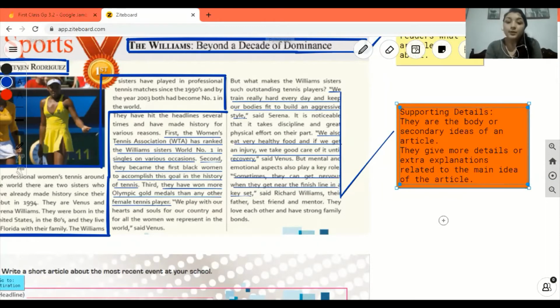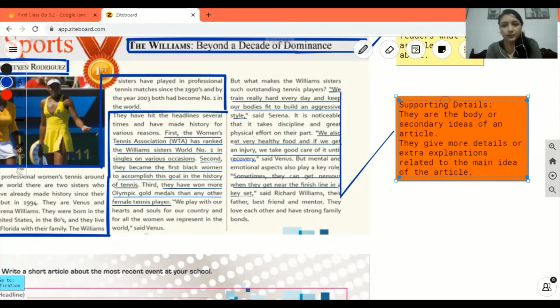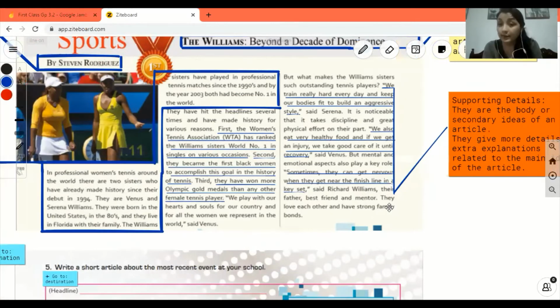They give more details or extra explanation related to the main idea, which means the supporting details are the extra information that we add based on what we write in the lead paragraph.